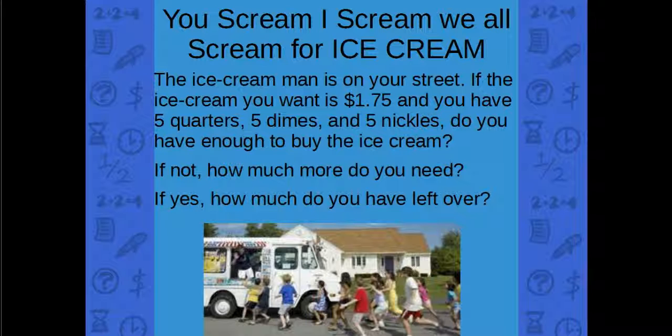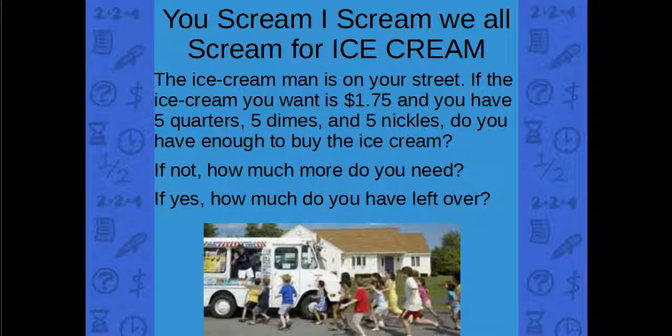She wrote down 5Q is $1.25, and then 5D for dimes is 50 cents, and then 5 nickels is 25 cents, and then she wrote it horizontally in a word problem: 5Q, 1.25 plus 5 dimes is 50 cents plus 5 nickels is 25 cents.